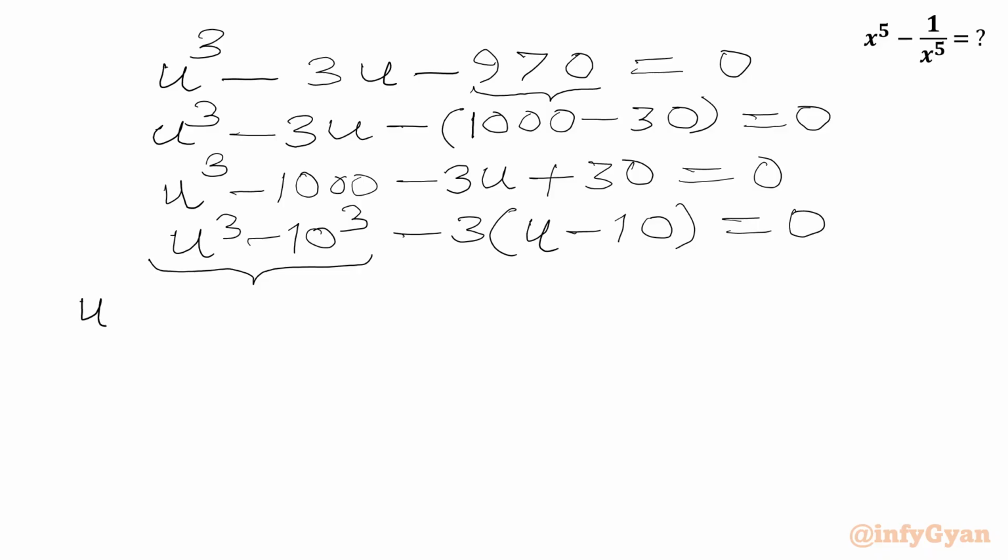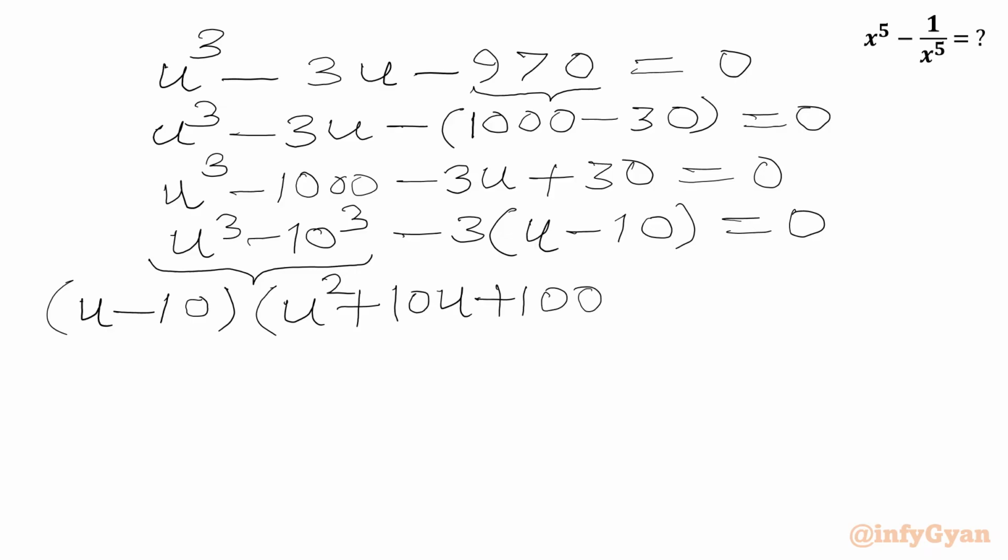So we can write u minus 10 in one bracket. In the other bracket we are going to write u square plus 10u plus 10 square, so we can write 100. Then we have minus 3 times u minus 10 equal to 0.